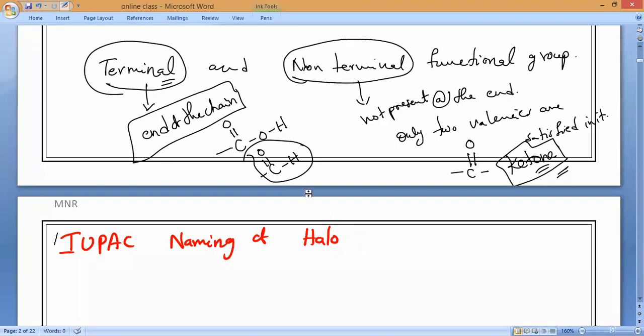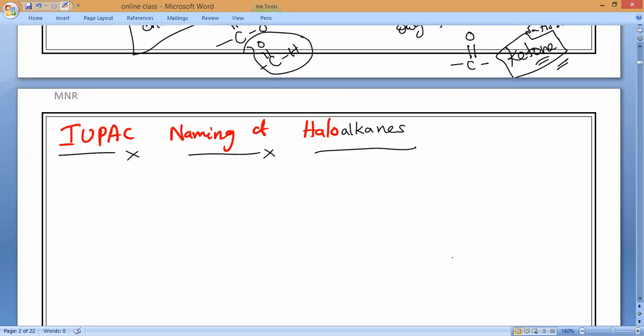Haloalkanes. Okay. Halogens means hydrogen is replaced with what, guys? Hydrogen replaced with halogens. Then that functional group is called haloalkanes. So the compound containing a halogen atom. What are the halogen atoms, all of you?